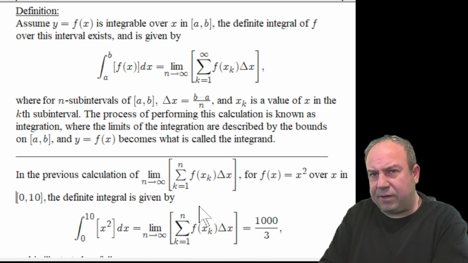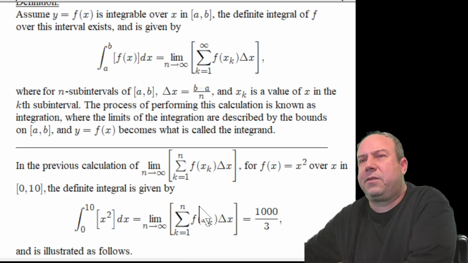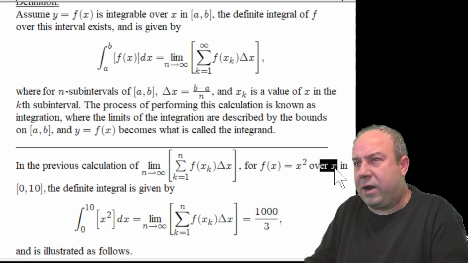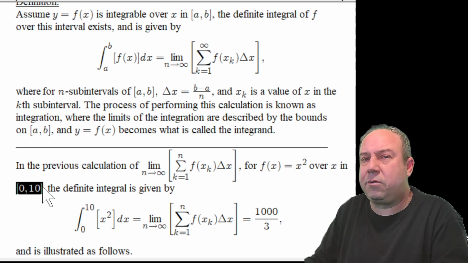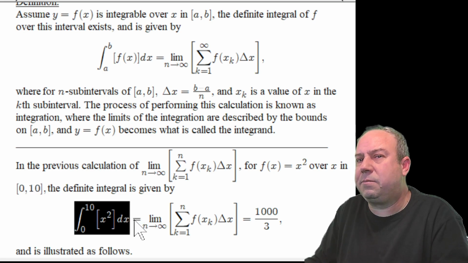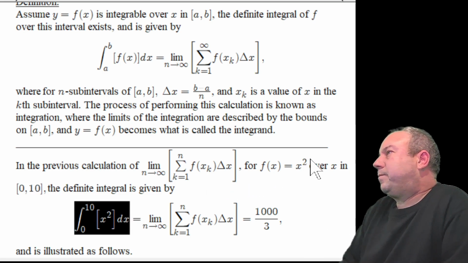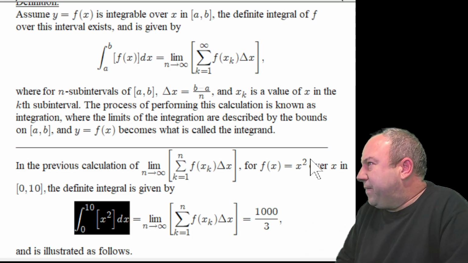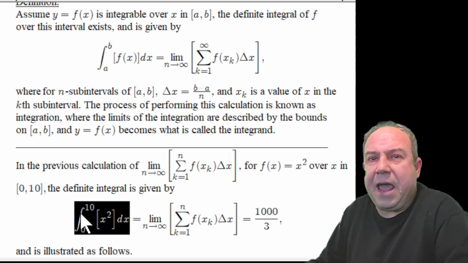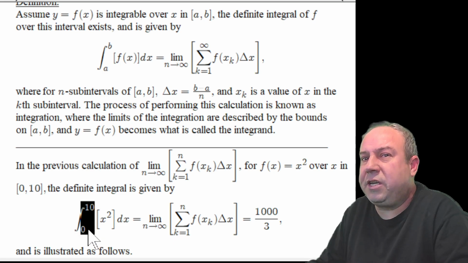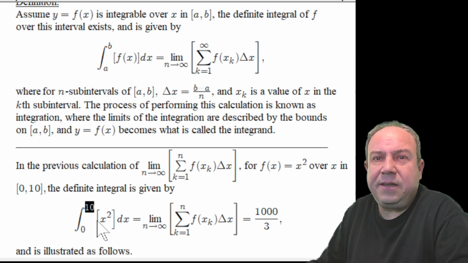So in the previous calculation, right, of this limit applied to the Riemann summation for the function f of x equal x squared over x in the interval from 0 to 10, the definite integral is actually given by this statement seen here, right? It's this definite integral calculation that happens over limits of integration given by a lower boundary of 0 and an upper boundary of 10, right?